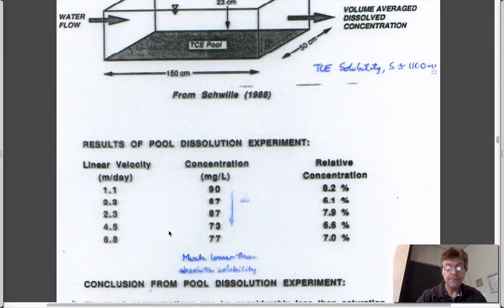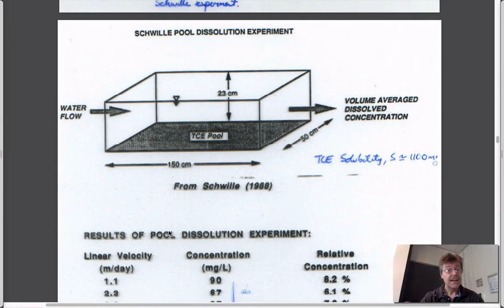And actually I'll make it bigger so you can see this thing. It's basically an aquarium. So an aquarium you fill with sand, which is half a meter by 1.5 meters by a quarter of a meter deep.